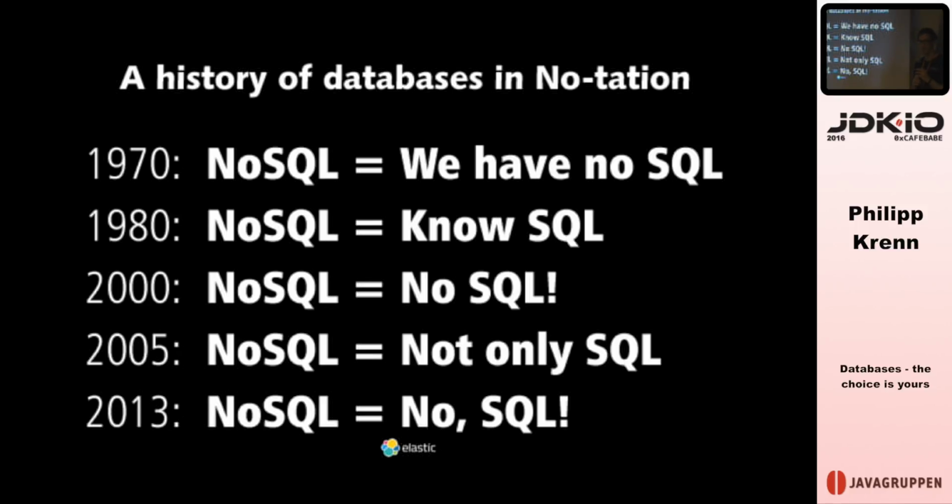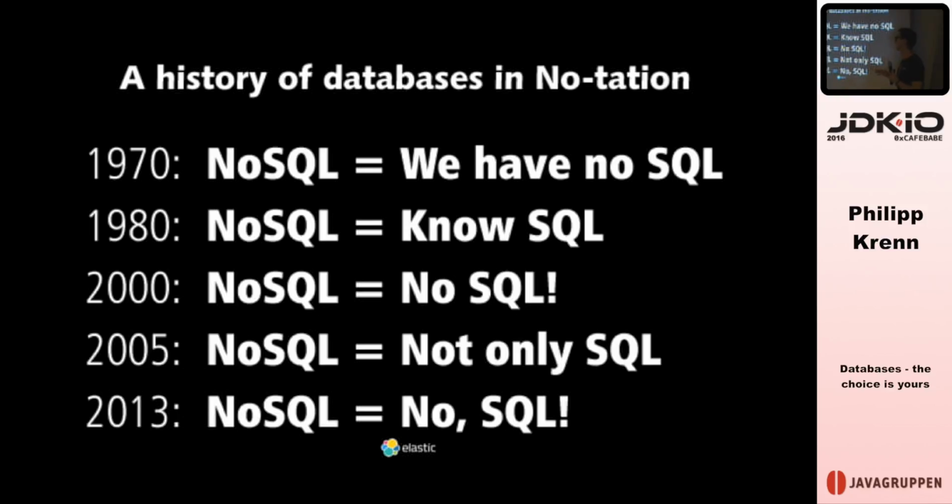depending on when you looked at databases, you had different views. So in the beginning, in the 70s, there was no SQL. Then in the 80s, it was suddenly, yeah, you should know SQL because this is the good thing and you want to use that. Then in the 2000s, again, it was, no, SQL, this is too slow, too inflexible, we don't want to use that at all.